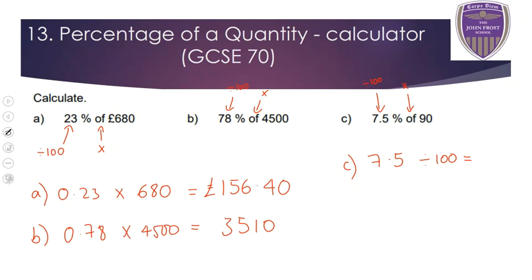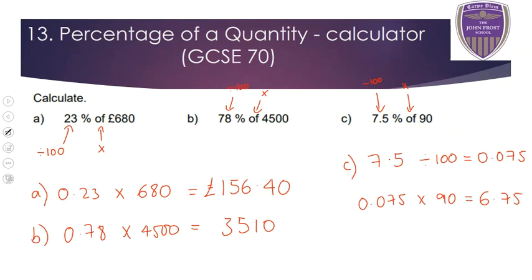It's easy from there. So if you're unsure, then please type it in. Right, that is 0.075. So then we do 0.075 times by 90. 0.075 times by 90 is 6.75.